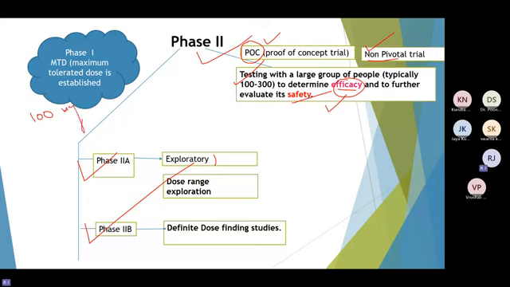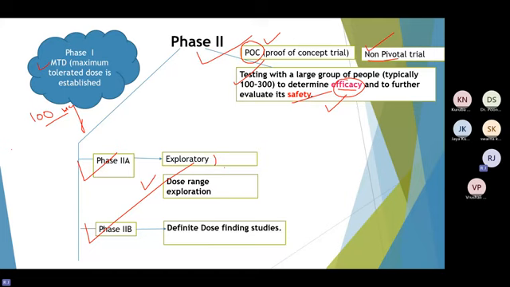Then we give the drug from 10 to 100 mg, and we try to see whether that dose has any effect on the illness. For example, if we are testing an anti-tumor drug, then we will give the subject 10 mg, 20 mg, 30 mg, up to 100 mg. We cannot give more than 100 mg because in phase 1 we determined this. After the MTD, the drug will be very toxic. That's why it is the maximum tolerated dose, right?